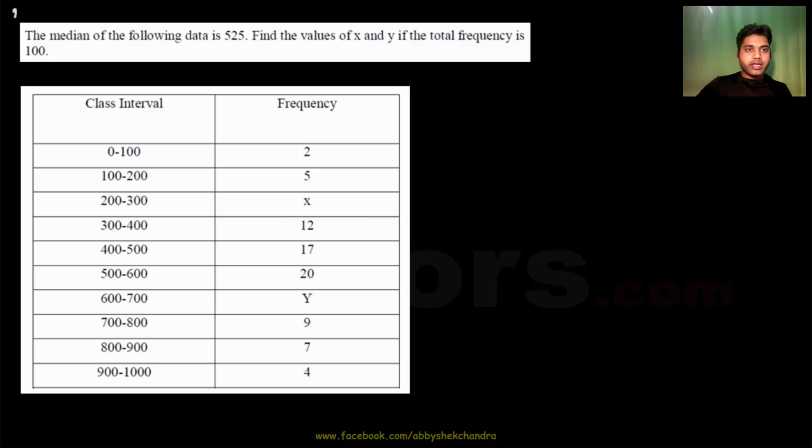Question 28. The first option for question 28. Median of the following data is 525. Find the values of x and y if the total frequency is 100.